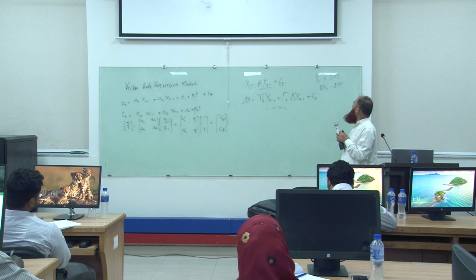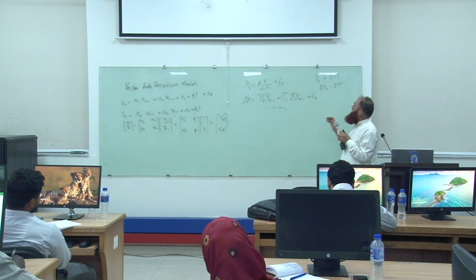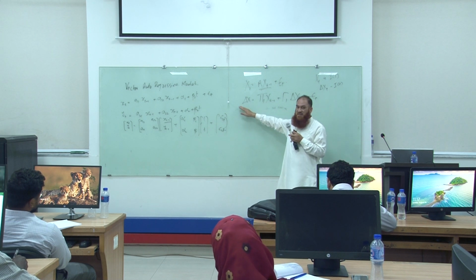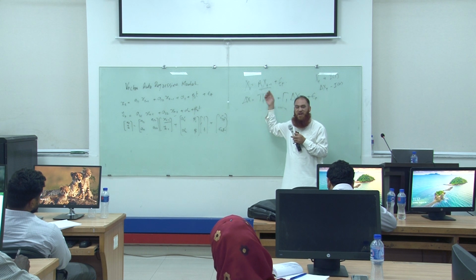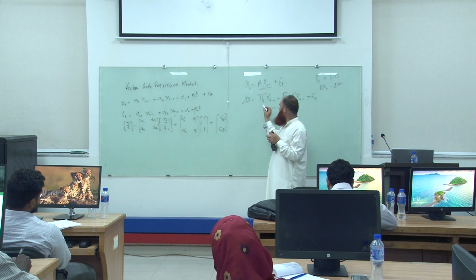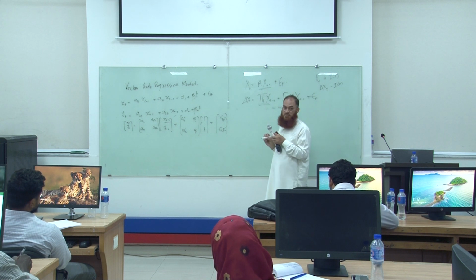Now this del xt is I0 and del xt minus 1 is also I0, and in order to have the balance, both sides of the equation must be I0. So that means that this term is also I0.